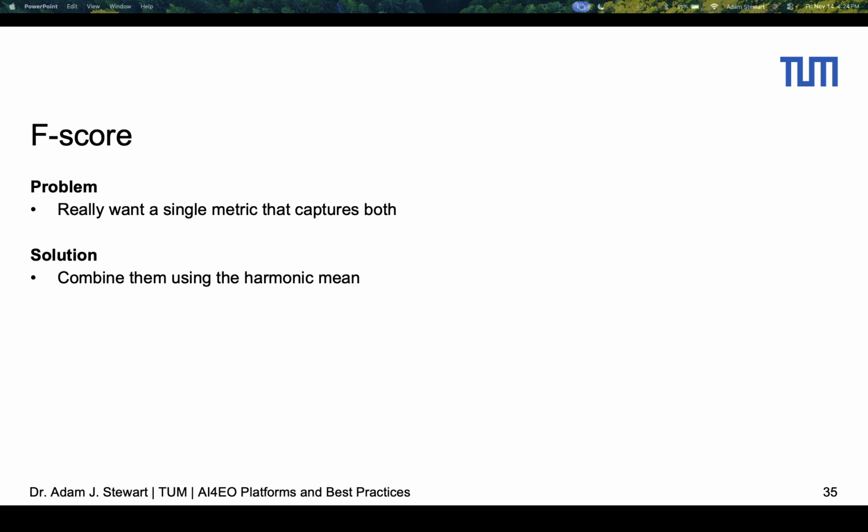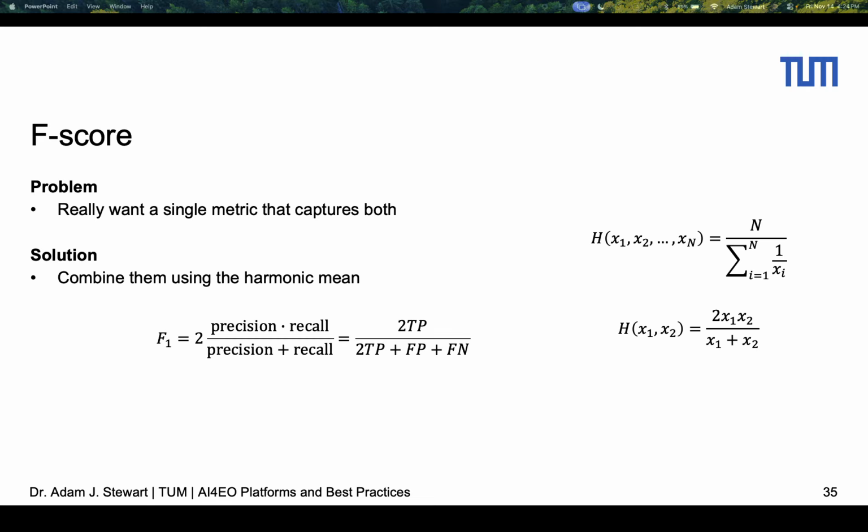We can actually combine both of these numbers using a harmonic mean so that both of them have some weight in the final outcome. This is what that looks like. So if I have many different possible values, I get that ugly summation on top. If there's only two possible values, it's much simpler. So an F1 score would look like this: 2 times true positive over 2 times true positive plus false positive plus false negative.